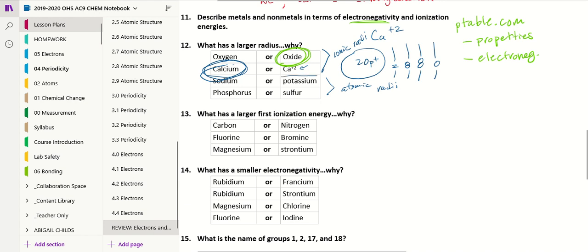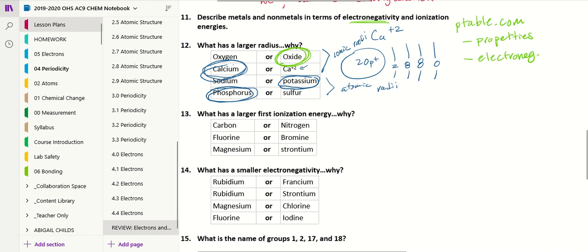So because it has more shielding, it has a larger radius. What about phosphorus and sulfur? Same period or group? Same period. Which one has less protons? Phosphorus, because it has less ENC, less protons, it has a larger radius. Sulfur will pull that valence shell in closer than phosphorus will because it has more ENC.